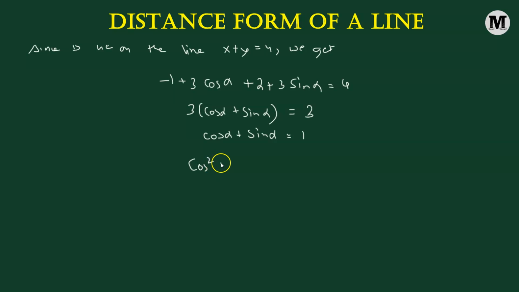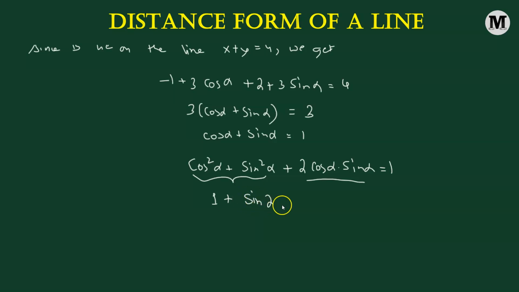Squaring both sides gives us cos² alpha + sin² alpha + 2 cos alpha sin alpha = 1. Now cos² alpha + sin² alpha is a standard identity, equal to 1. And 2 cos alpha sin alpha is also an identity, which is sin 2 alpha.